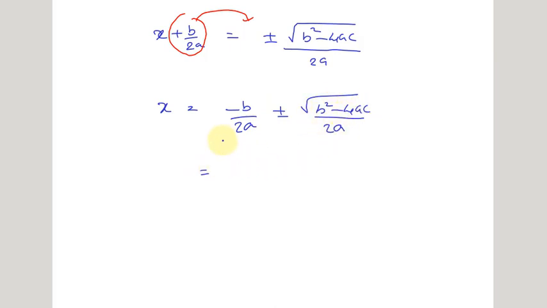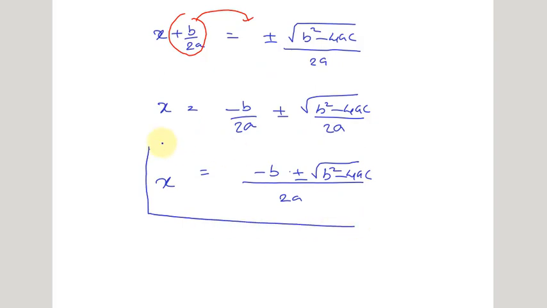As these are like fractions, I am writing the common denominator 2a and writing the numerator as minus b, so that we get x is equal to minus b plus or minus under root of b square minus 4ac by 2a. This is known as the quadratic formula of a quadratic equation.